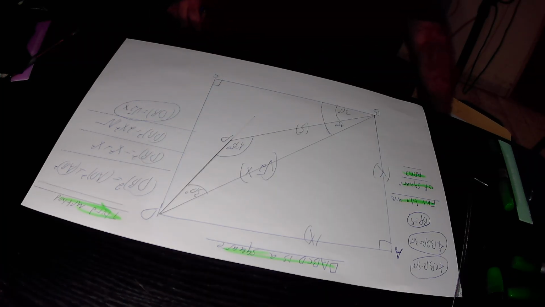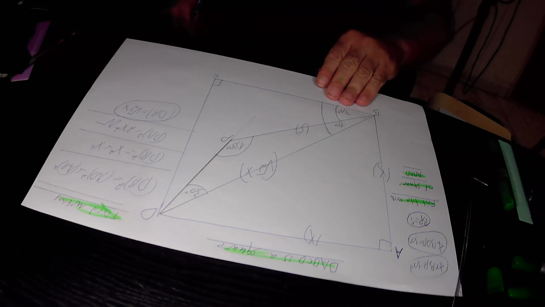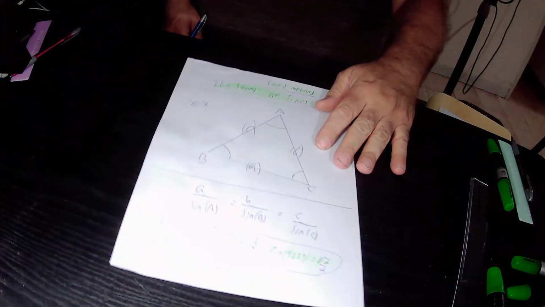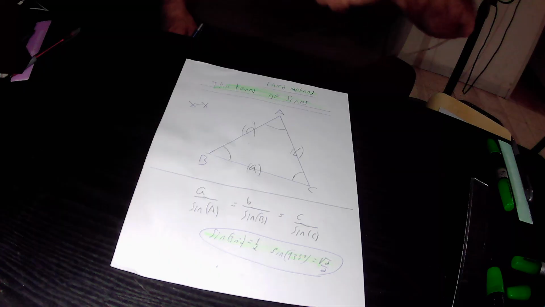Here we can apply the law of sines in triangle BDP. Actually, the law of sines is true in any triangle. So this is triangle ABC. That could be any triangle.